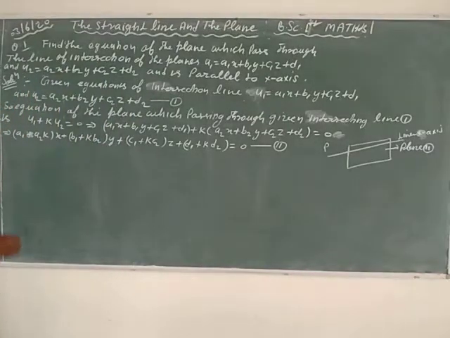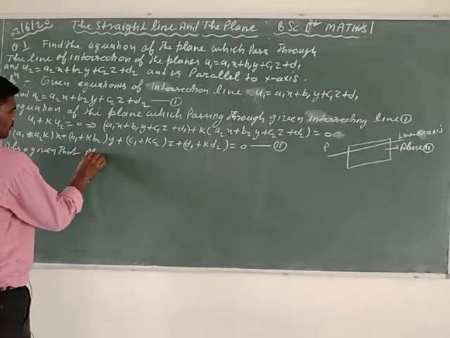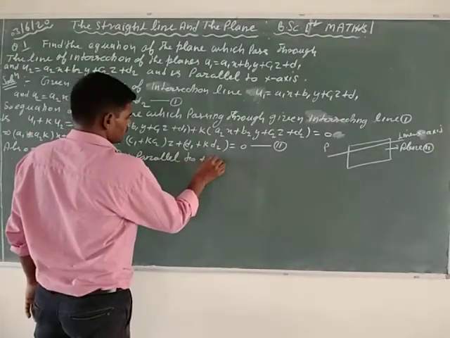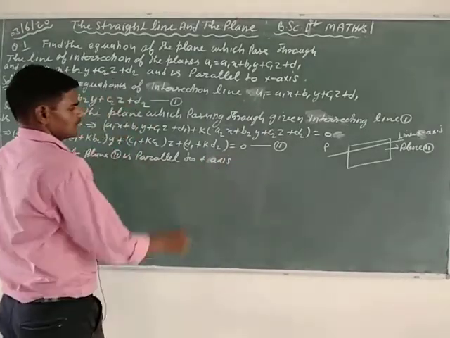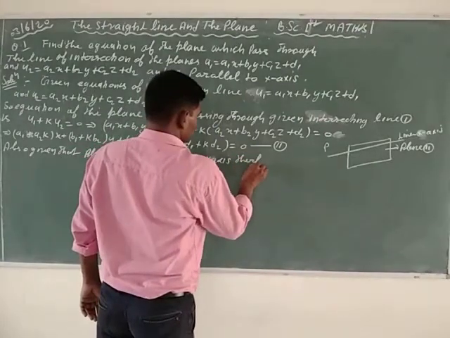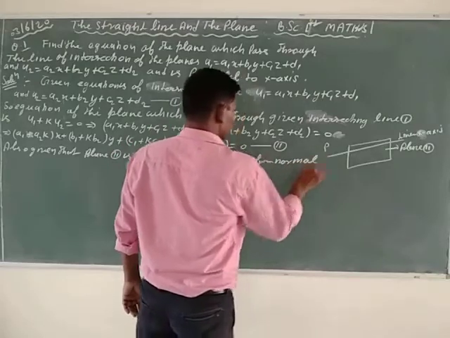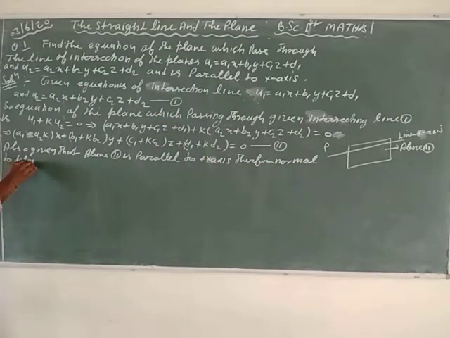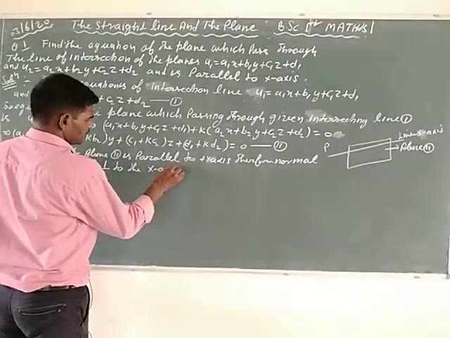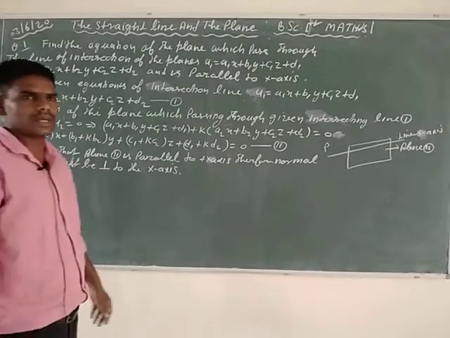Since plane second is parallel to the x-axis, the normal to plane second must be perpendicular to the x-axis. This is a property of three-dimensional space.